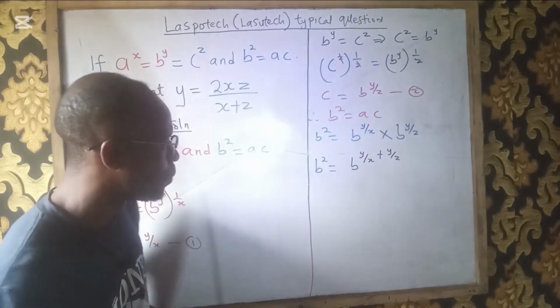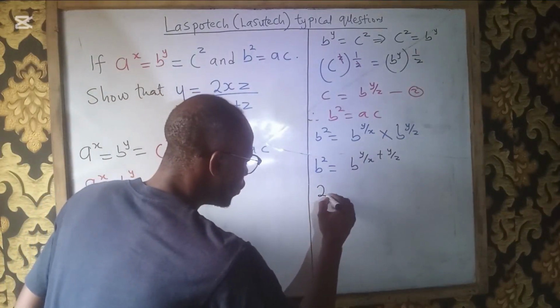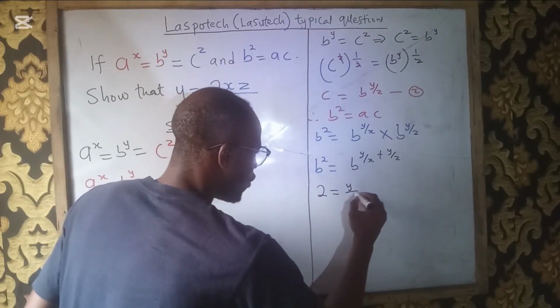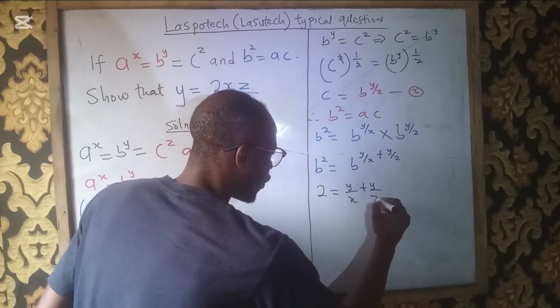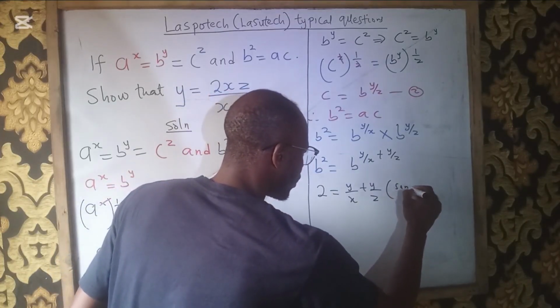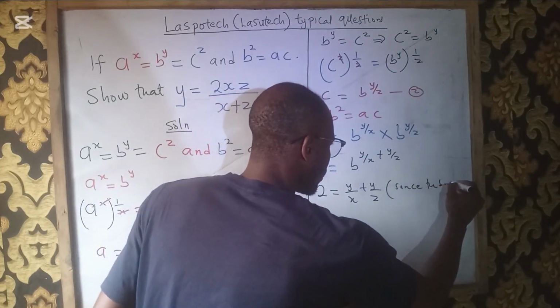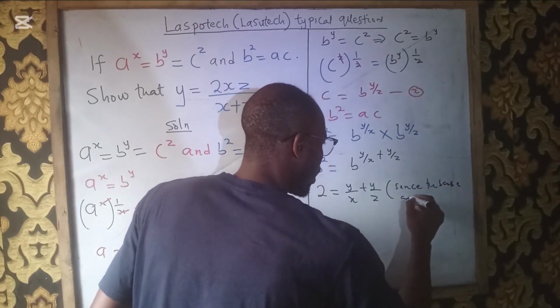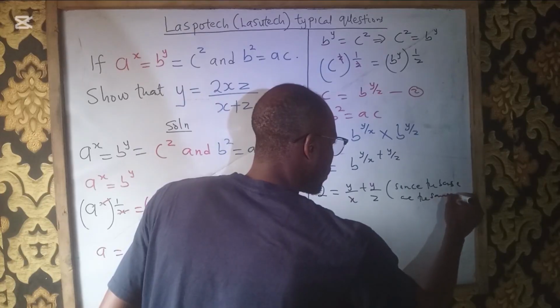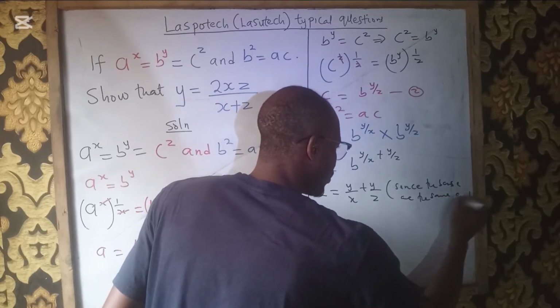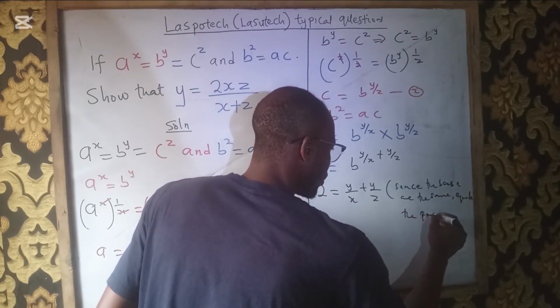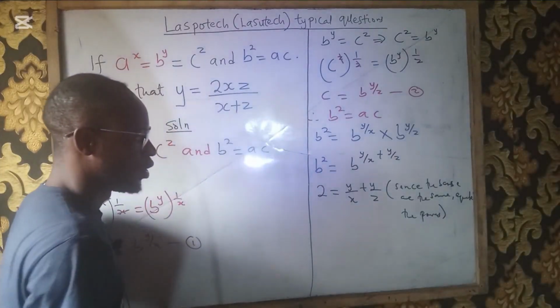So when you equate the powers, you are going to have 2 equals y over x plus y over z. Since the bases are the same, equate the powers. That's what I simply did there. You understand that?